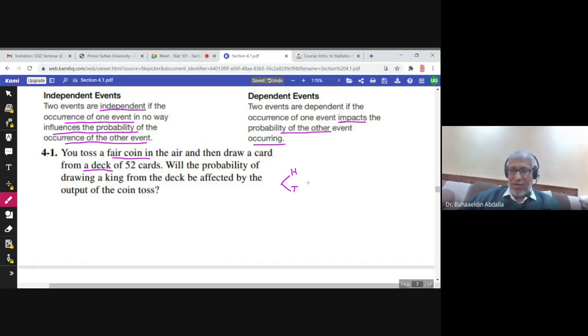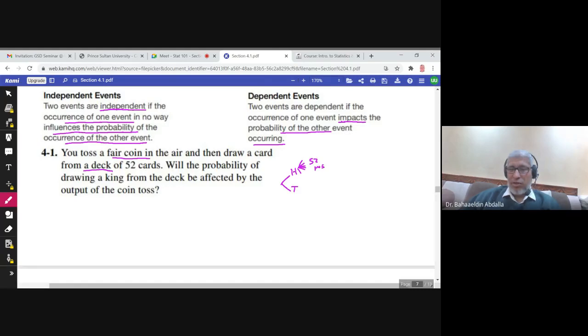He did not ask about the sample space, but I am just reviewing the concept of the sample space. You need to understand the experiment in each question about probability. Now, this is what he does first, and then you draw a card from a deck of 52. When you draw a card from 52, you will have 52 possibilities.